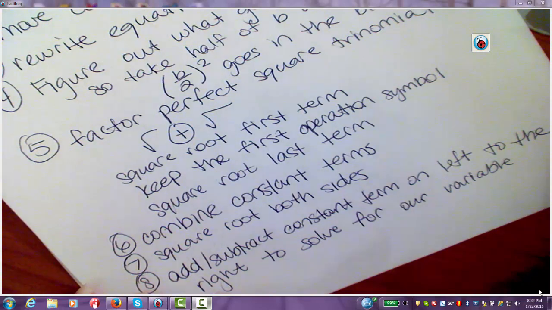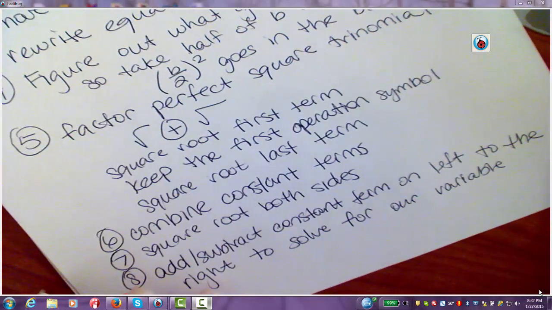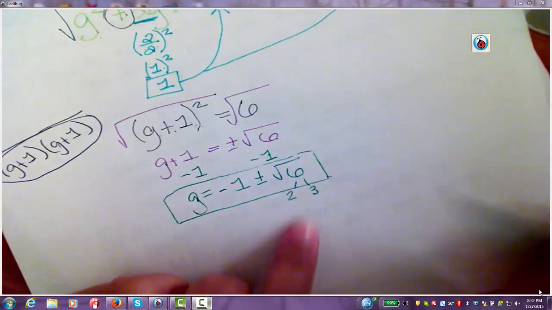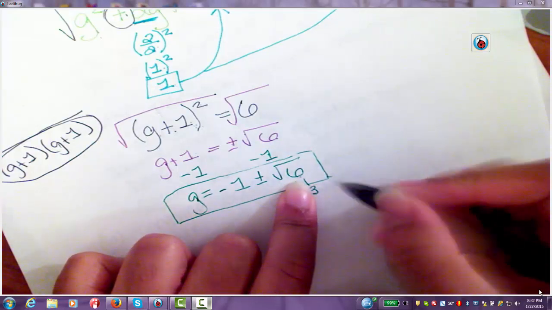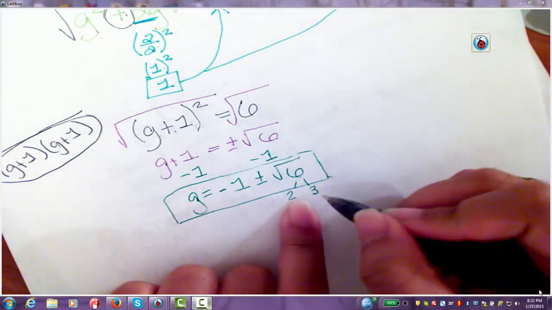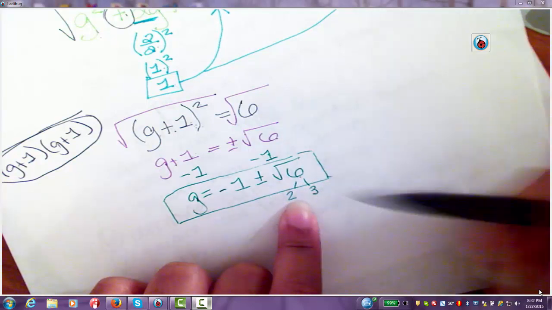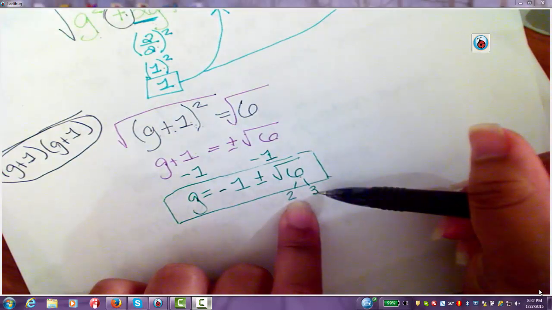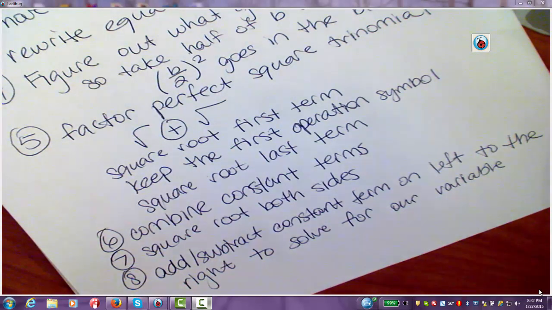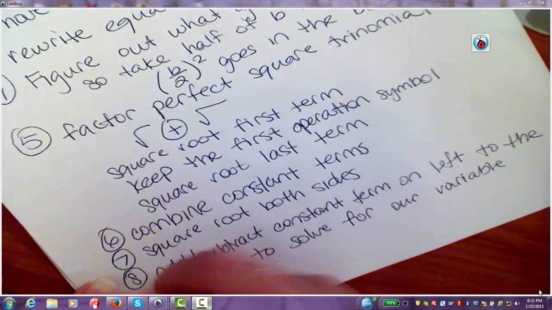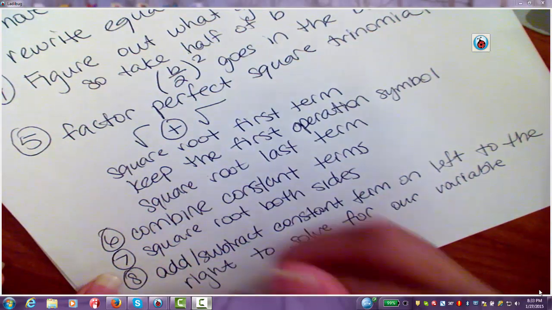But if you get a square root like what we got here instead of a nice clean number, then you look to see if you can simplify the radical, which is what I did here. And in this case, I couldn't. So this was our final answer. So I'm going to add that as the last step. Simplify radicals.